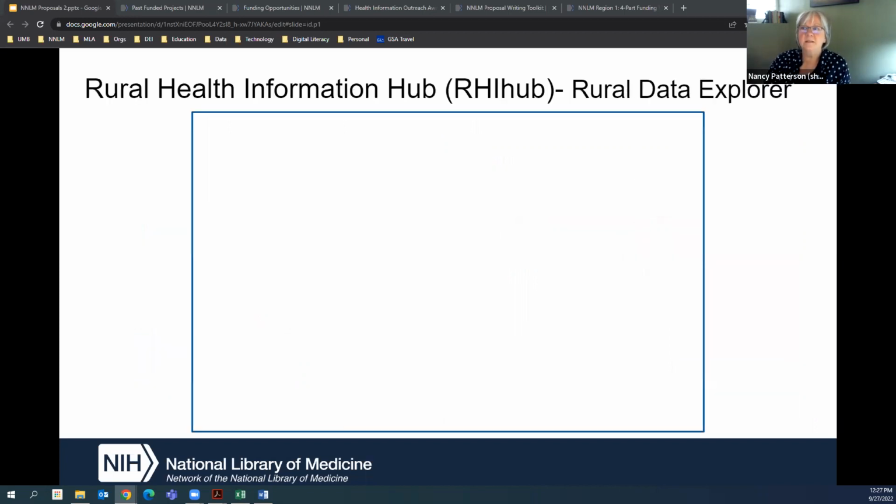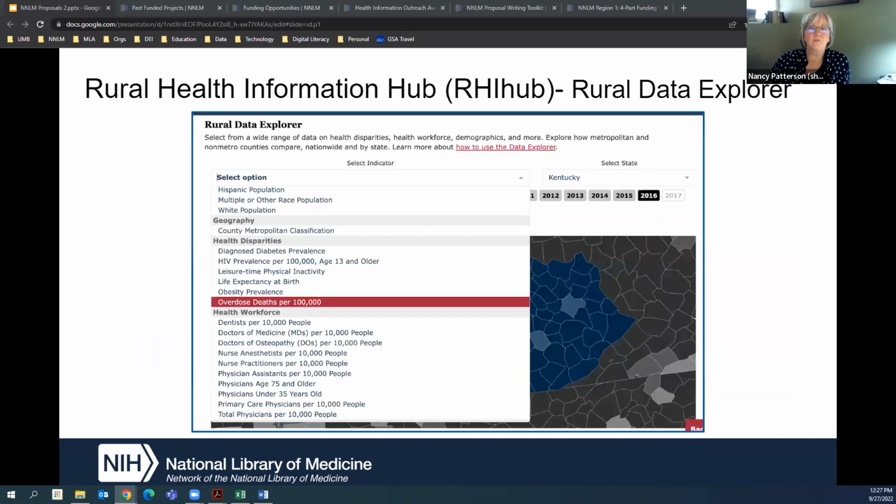The next one is just a screenshot from the Rural Health Information Hub. They have something called the Rural Data Explorer. I just picked Kentucky here, and you'll see the most recent data is 2016 in this particular example, so be aware of that. Some of them go up to 2020.